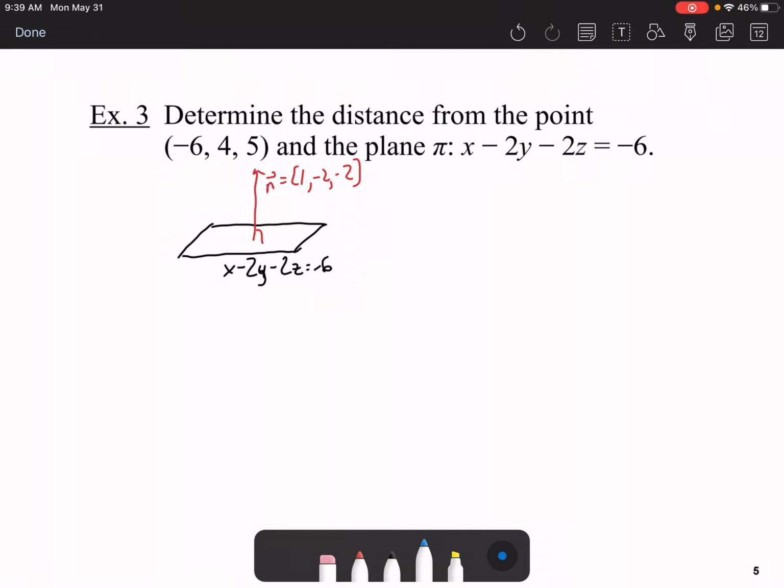The point, negative 6, 4, 5, I'm going to assume is out in three-dimensional space. And we just want to find the distance between those two.